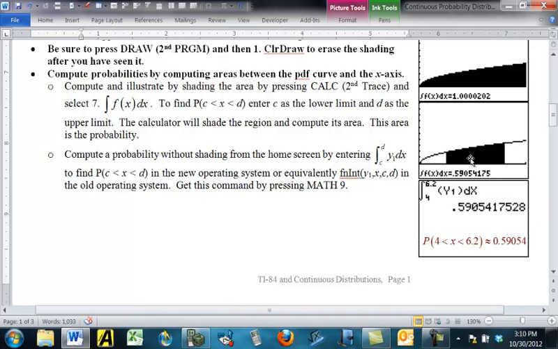Okay, if I'm at the graphing screen, I can again push second trace to get Calc, and then select number 7. That number 7 is basically our area shader, area calculator. Okay, and so just press that number 7 to get our area, and then enter in your left endpoint. It'll say lower limit, push 4, enter.